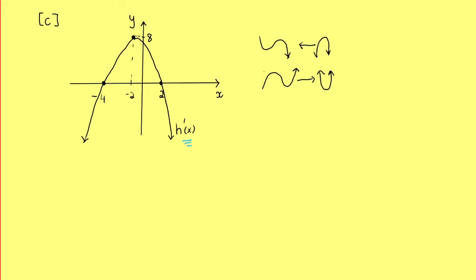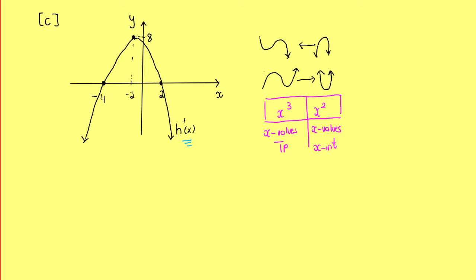And the second part of the information is the x values of the turning points of our cubic will be equal to the x values of the x-intercepts of our quadratic.